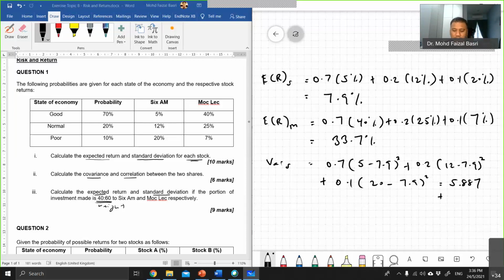Plus the second one, 12 minus 7.9 squared times 0.2, is 3.362. The third one, 20 minus 7.9 squared times 0.1, is 14.641.